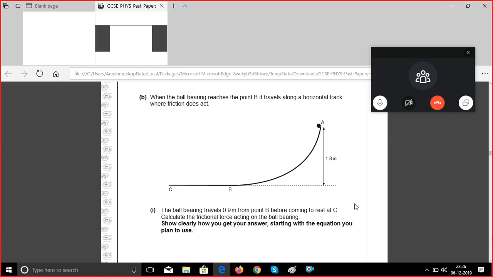So work done equals force times distance. The force is not given, so you have to calculate the force. The distance is given as 0.9 and the energy is 0.36.